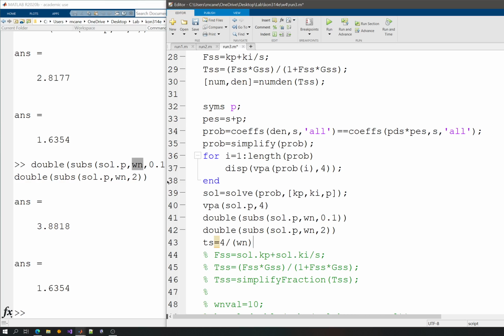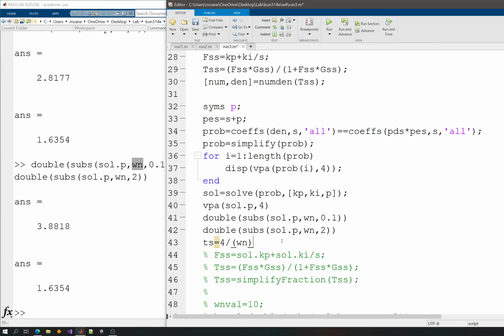If I'm decreasing the value of omega n, Ts will be increased, so the settling time will be a bigger value, which means that the system will become slower. So the bigger the omega n, the slower the system. That's basically the relation. So I'm sacrificing speed for the dominance here of the poles.